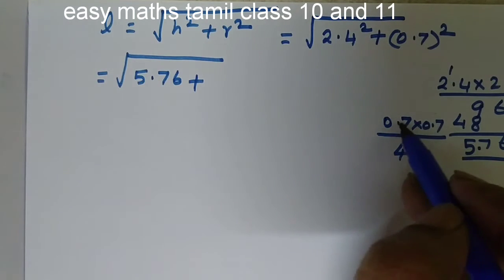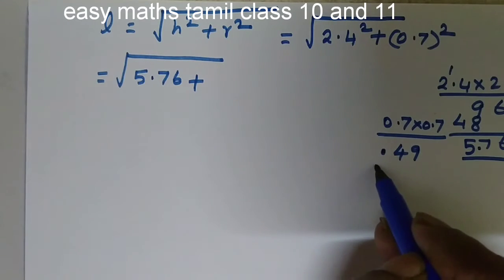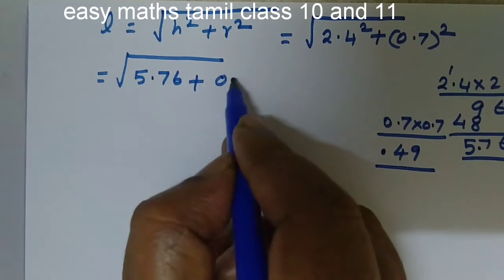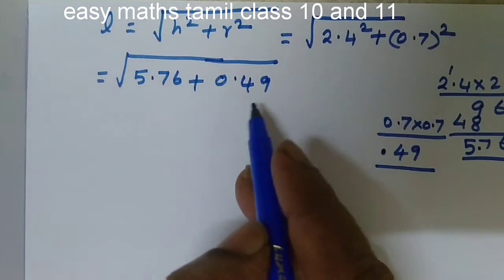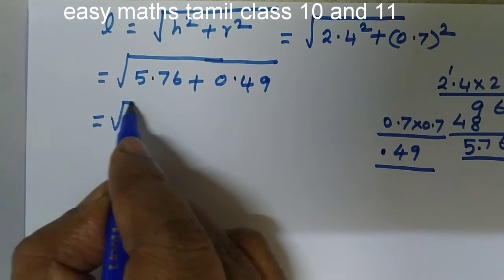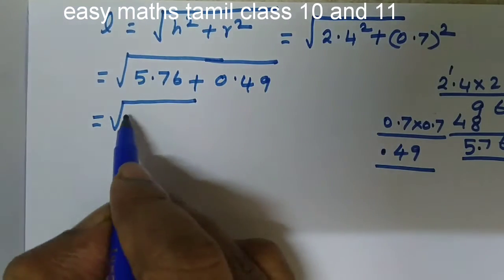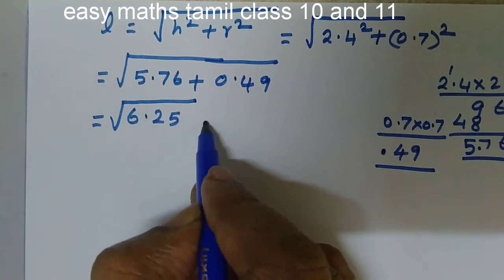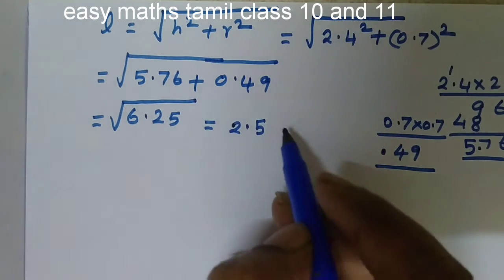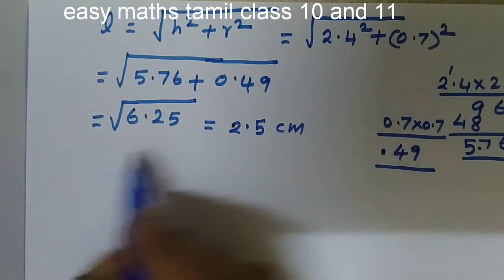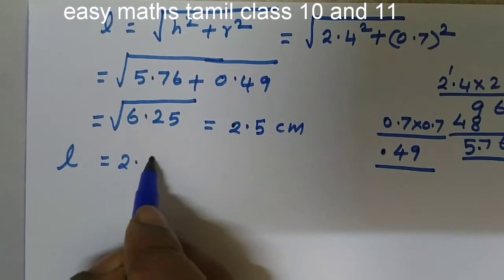Here one digit, here one digit, so place the point after two digits, 0.49. The value of 0.7 square is 0.49. Now add these two values, 6.25. Square root is 2.5 centimeter. So slant height L is equal to 2.5 centimeter.